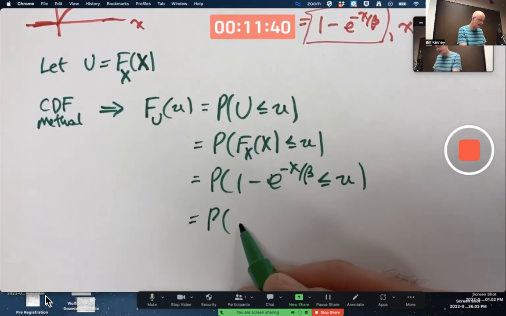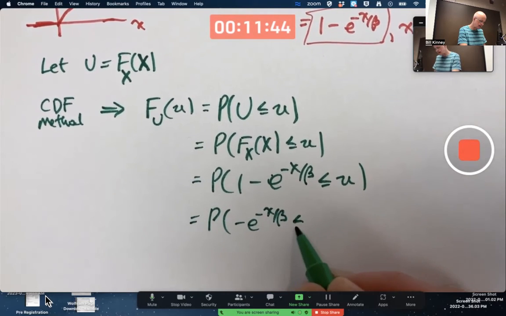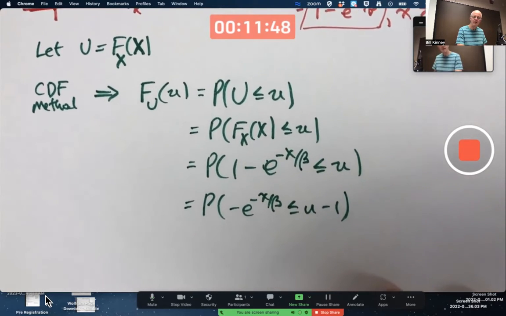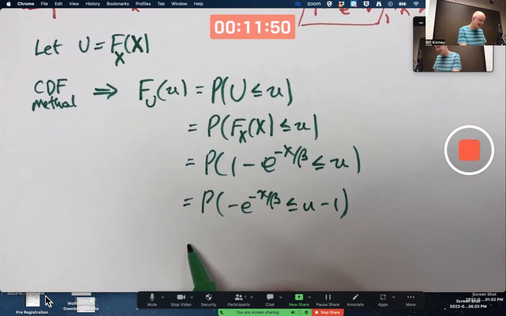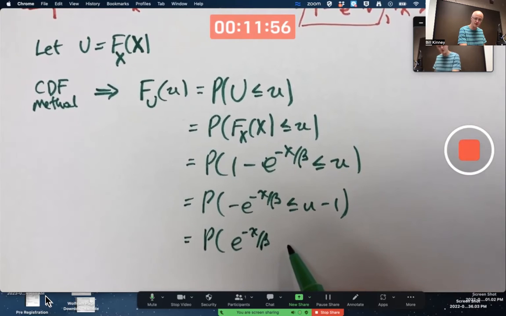Well, I guess subtract 1 from both sides first. Then multiply both sides by -1. However, if you do so, I don't know if you remember this from 8th grade, when you multiply both sides of an inequality by a negative number, the inequality changes direction.